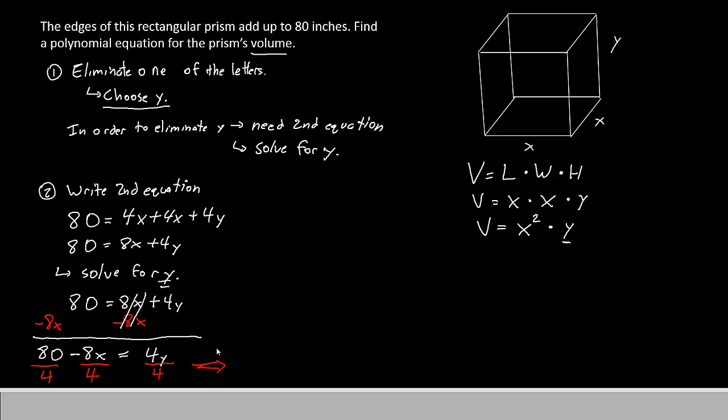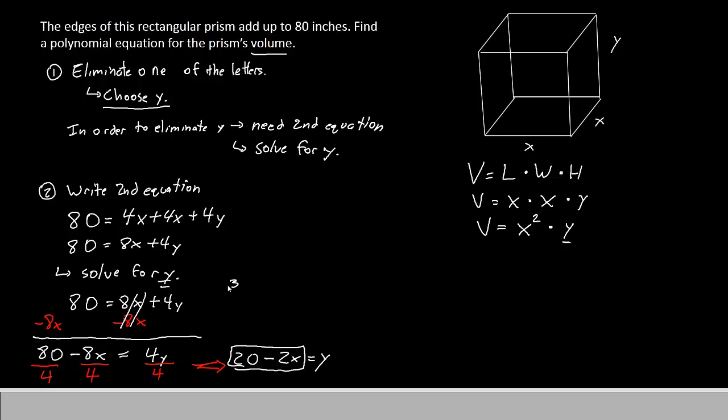If we do this, we'll have 80 divided by 4, which is 20, minus 8 over 4, which is 2x, equals y, so that our y is the same thing as 20 minus 2x.